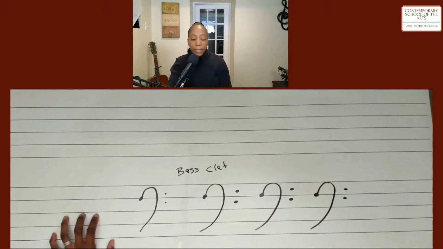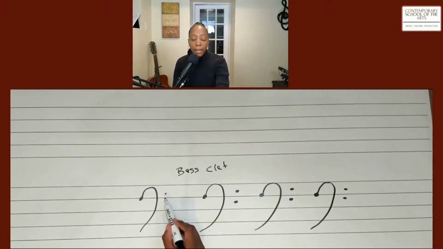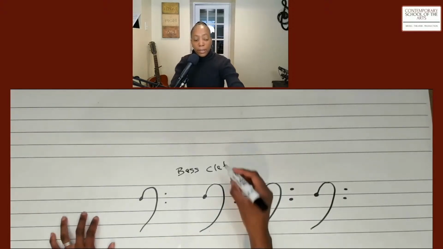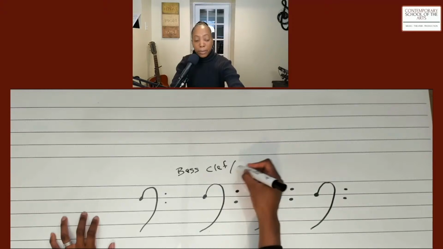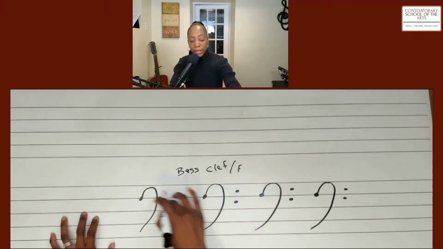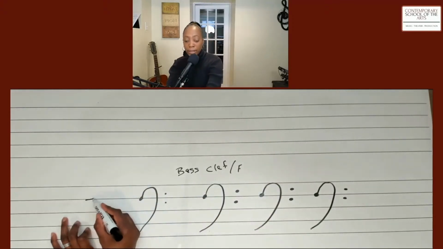Now, this is called the bass clef, and these two dots that are splitting the fourth line are not just splitting the fourth line just because. No, there is a significant reason, and the two dots are representing what we call the F line, this line here.